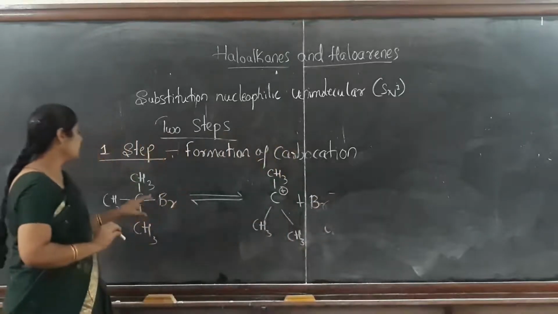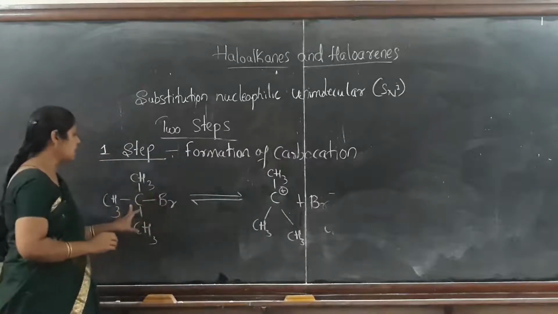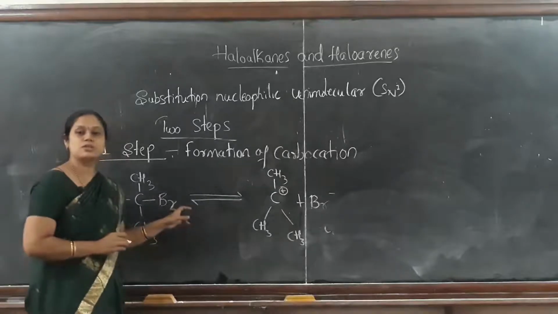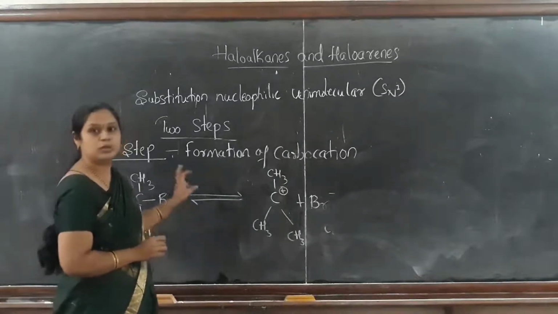The energy required for the breakage of this carbon-bromide bond is obtained by the solvation of the halide ion in the protic solvent.